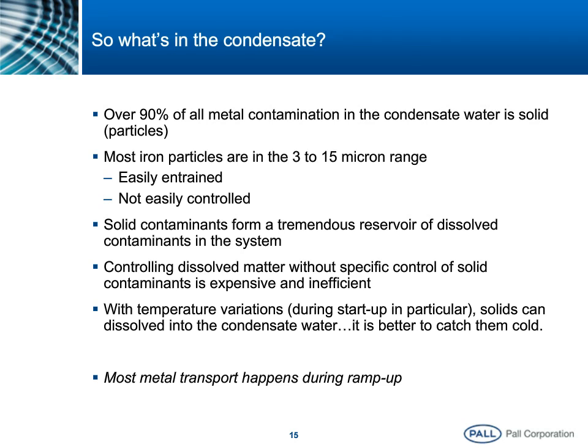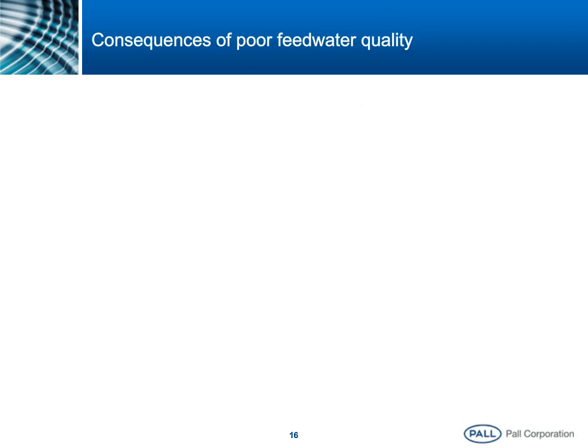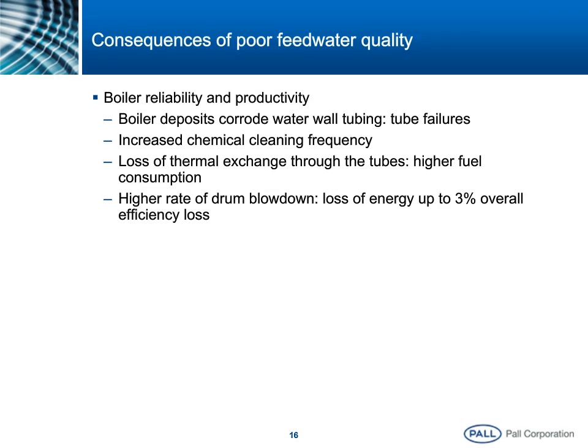So if we don't do a good job controlling this contamination away from the feed water, major consequences are going to affect both the boilers and the turbines. On the boiler side, really deposits is what's going to be one of our major issues. And deposits in the actual boiler tubes on the water side, all the way to tube failures from corrosion.